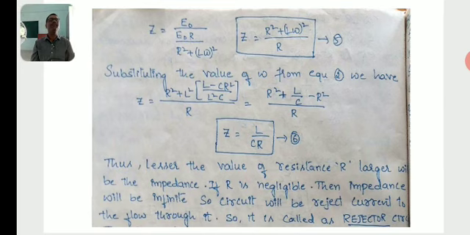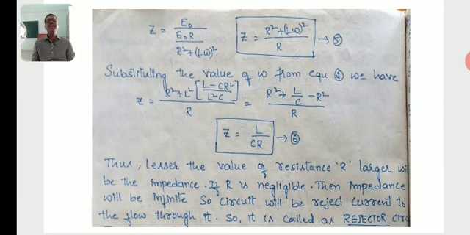Thus, the lesser the value of resistance R, the larger will be the impedance. If R is negligible, then the impedance will be infinite. So the circuit will reject the current flowing through it, so it is called a rejector circuit.